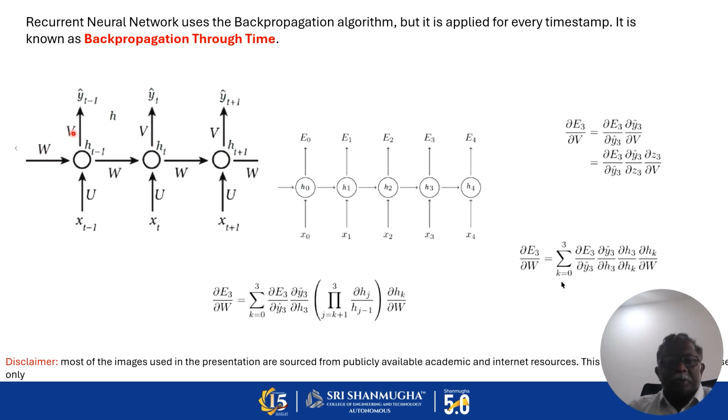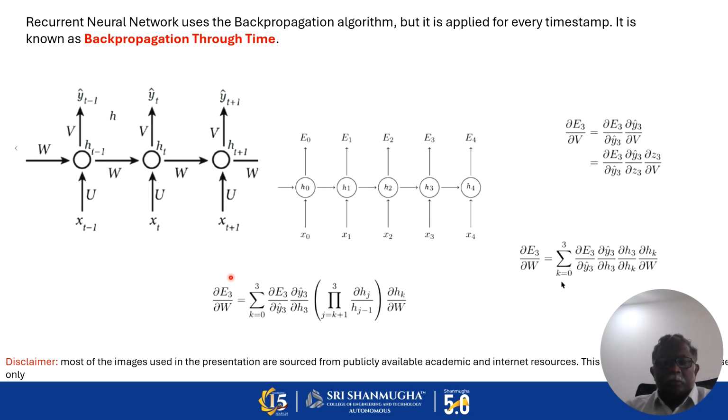We are going to update the weights because when you have error, we have to update the weights to increase the accuracy of the predictions. That's why we use backpropagation through time. These are the inputs x1, x2, x3 for the different time steps, and these are the hidden states, and E0, E1, E2, E3, E4 are all errors.